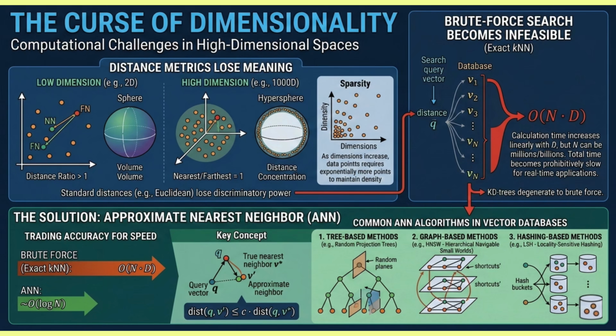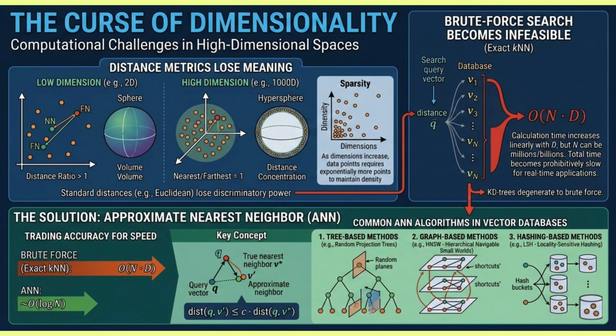Since the distances between all points become very similar, standard distance metrics like Euclidean distance lose their effectiveness as discriminators for proximity, making it hard to reliably determine the true nearest neighbors.